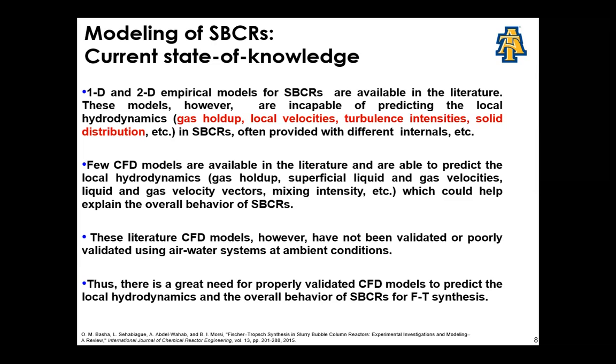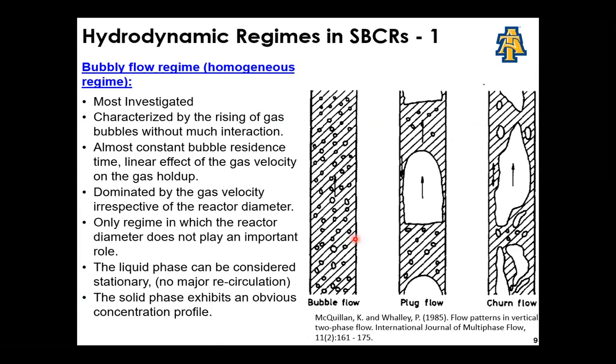Let's talk about the different hydrodynamic regimes that exist in our slurry bubble column reactor. When taking a closer look, we can see three different flow regimes: the bubble flow, the plug flow, and the turbulent flow.